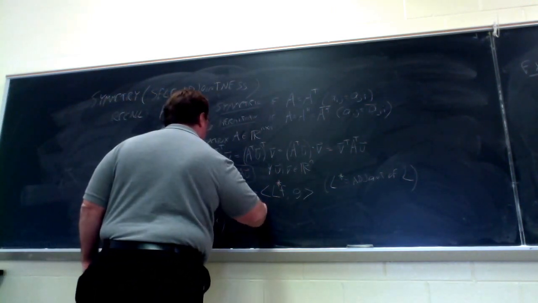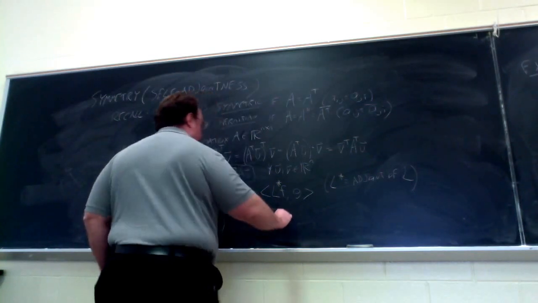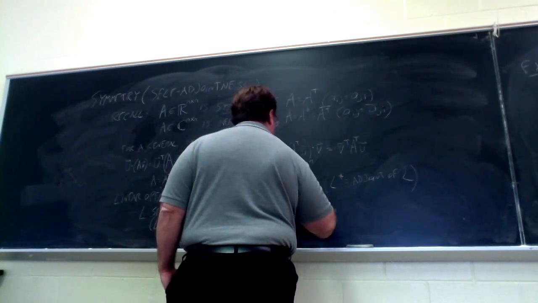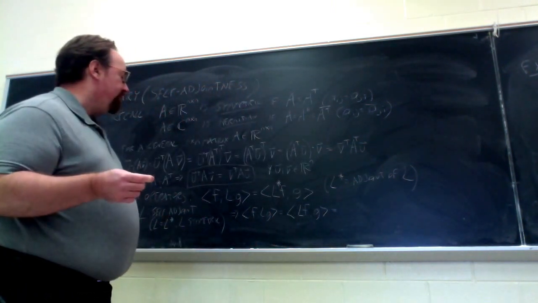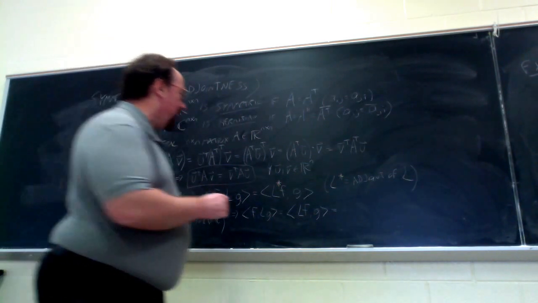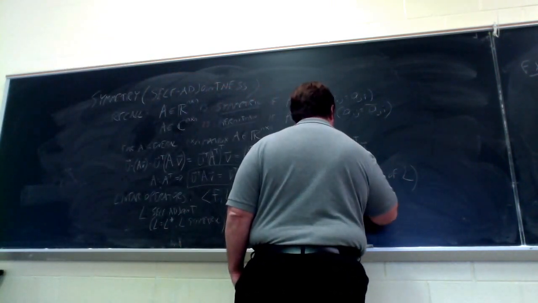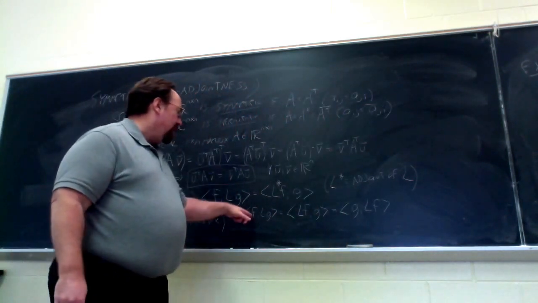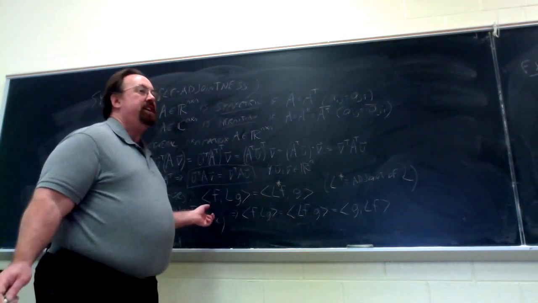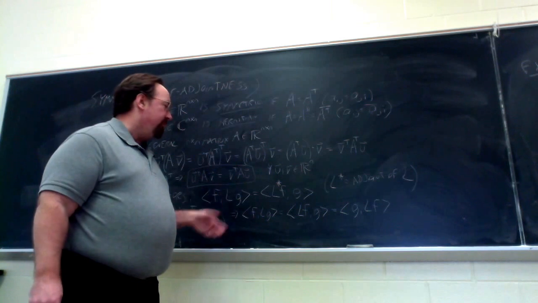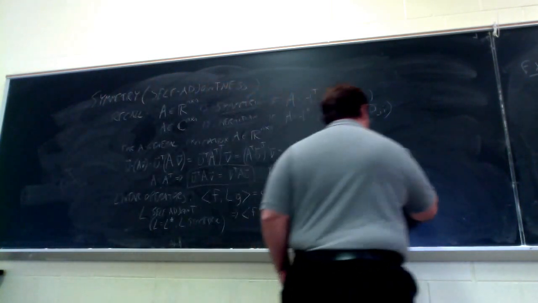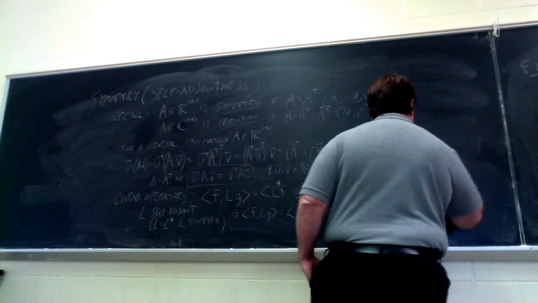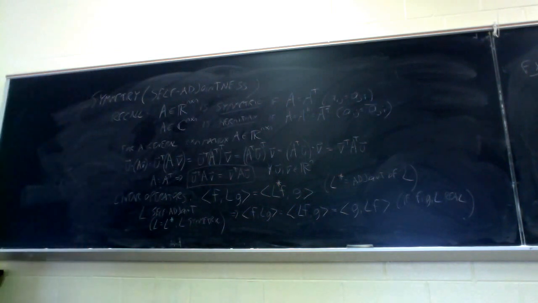Then you can say that the inner product of F with LG is the same as the inner product of LF with G, and if you reverse the order of your arguments to your inner product, you can do that. So in other words, you can swap F and G and still have the inner product turn out the same. And this is assuming that everything here is real. I'm just making a disclaimer so that I don't have to take complex conjugates all over the place.